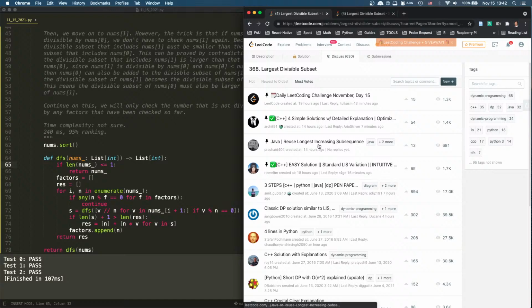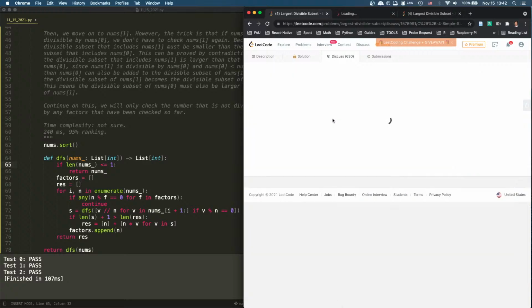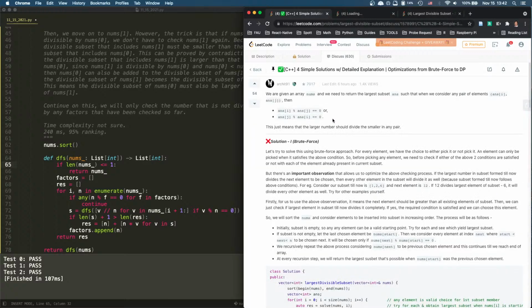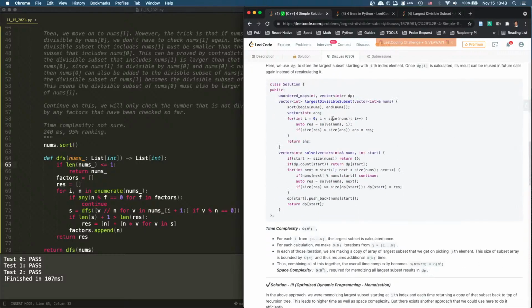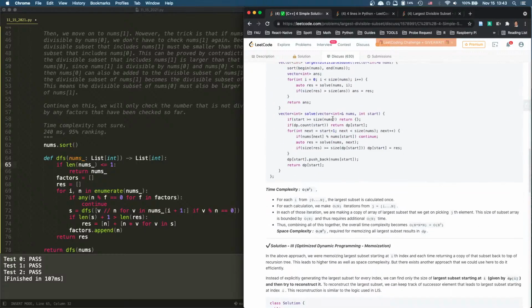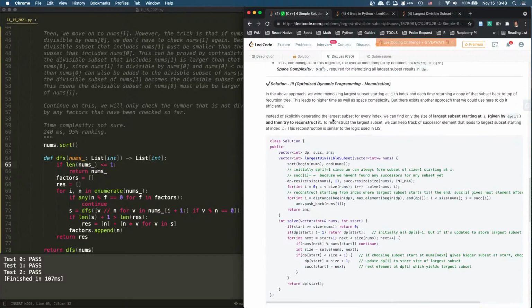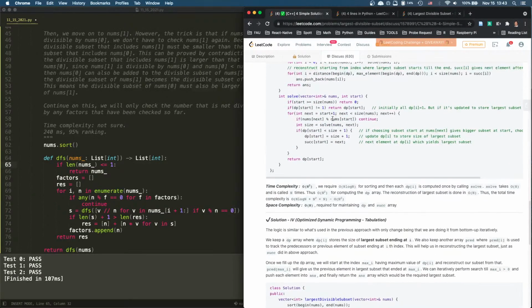Longest increasing subsequence. We use longest increasing subsequence. 4 lines in Python. Jeez, Mr. Pachman. dp, O(n) squared. Okay, let's check this. He always has a very good brute force. Of course, brute forces fail. Memoization.